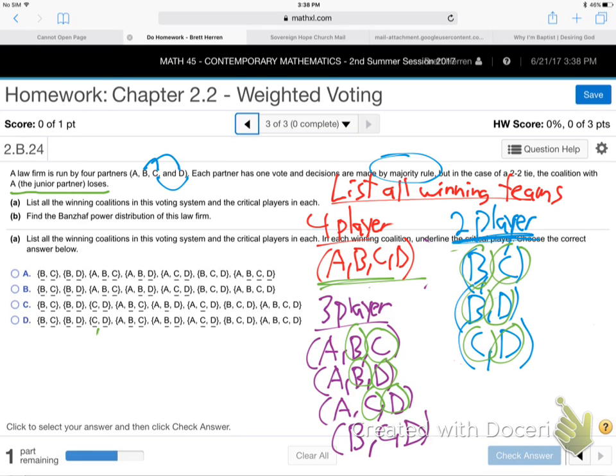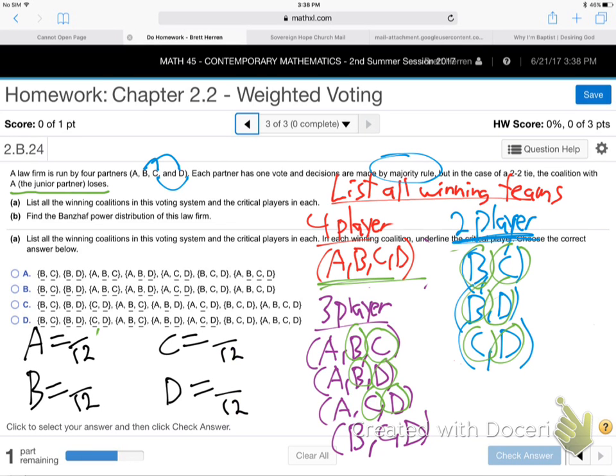So ready? So we'll do A, B, C, and D for the power. So how many times is real power exercised? 1, 2, 3, 4, 5, 6, 7, 8, 9, 10, 11, 12. Yeah, 12 times. So they're all going to have a denominator of 12. How many times was it exercised by A? 0.